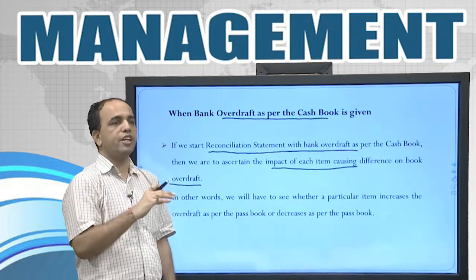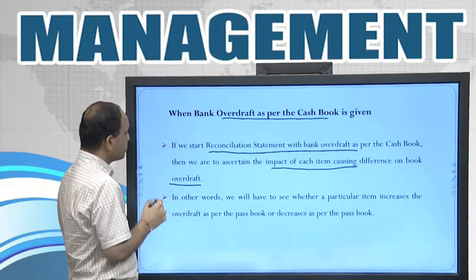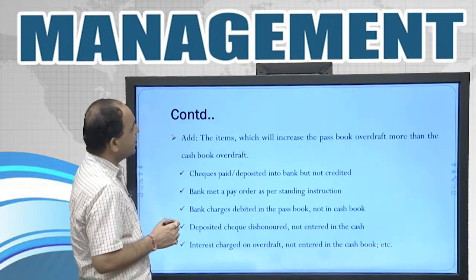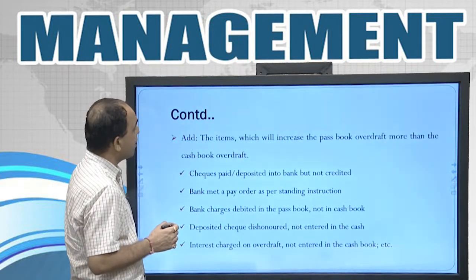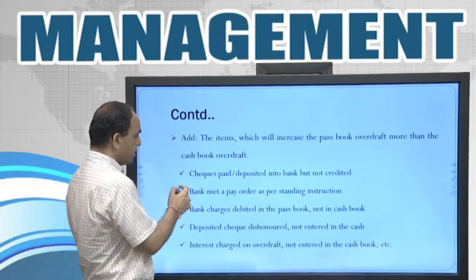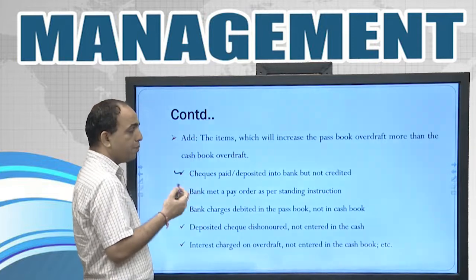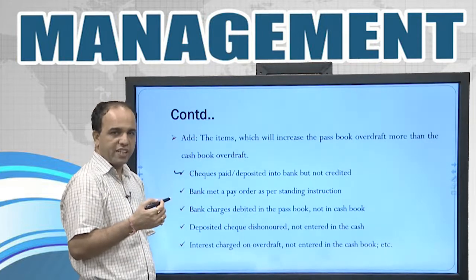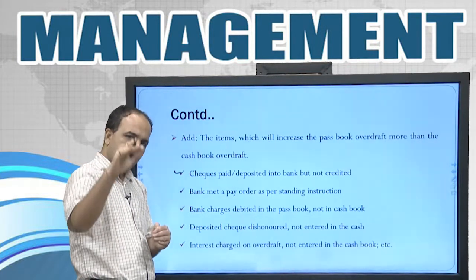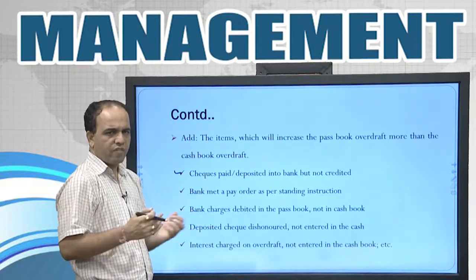So we cannot reduce the overdraft. The items which will increase the passbook overdraft more than the cash book overdraft. So these are the reasons: check paid, deposited into bank but not credited. So when it is credited, it will reduce the amount of overdraft. Very logical.